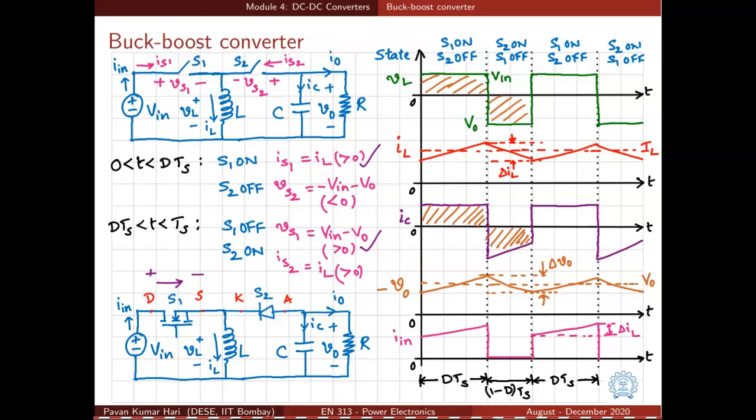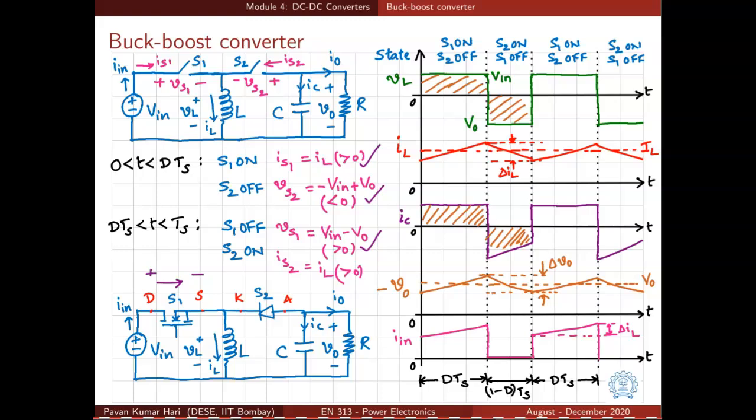Let us look at S2 now. S2 is off in the first interval and the voltage across S2 is given by minus V in minus VO. Sorry, it's a mistake. It's minus V in plus VO. Since V in is positive, VO will be negative. So the voltage across VS2 is negative with the polarity indicated.